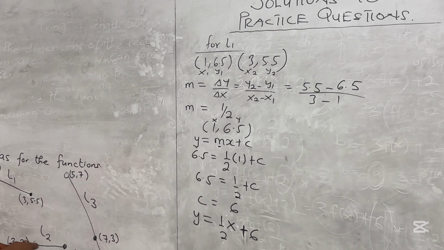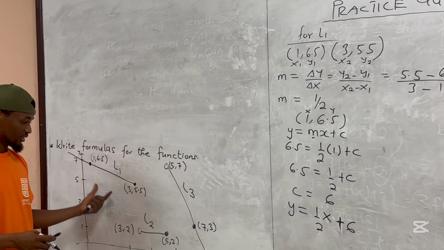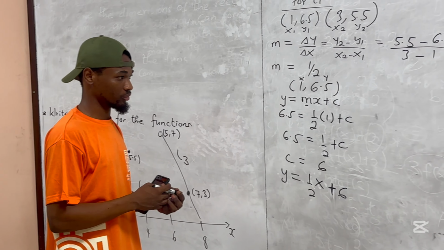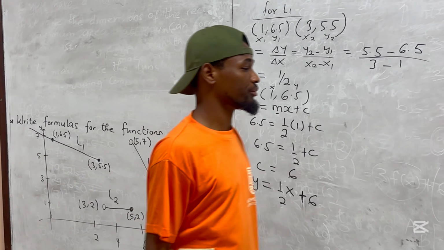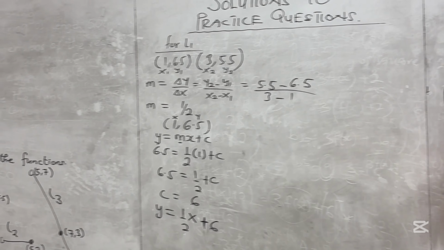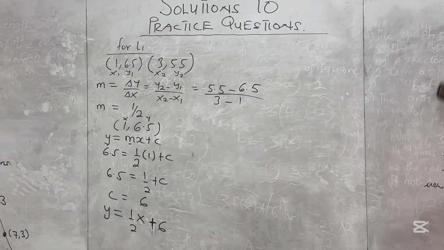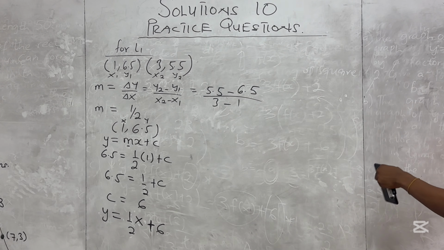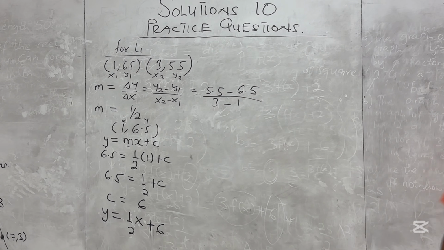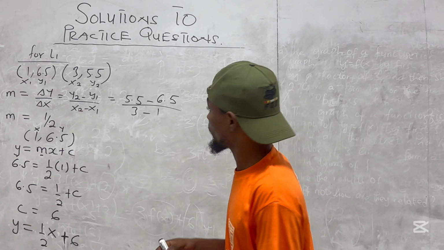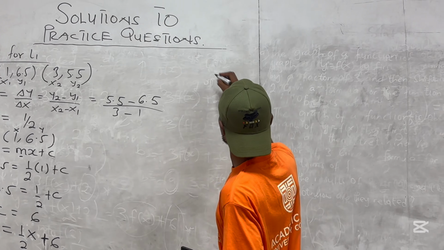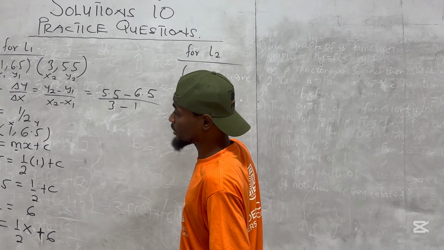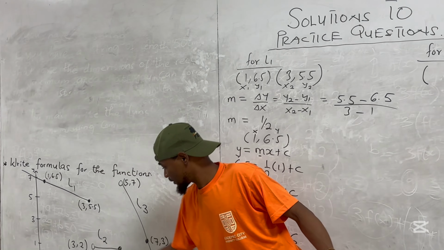Let's consider the second one. So we are done with this. Let's consider L2. For L2, these are the points, this and that.